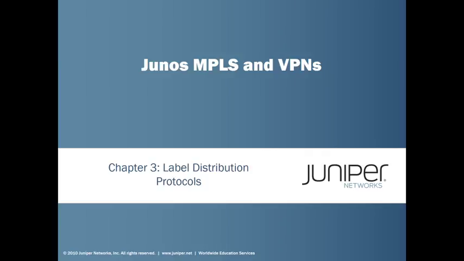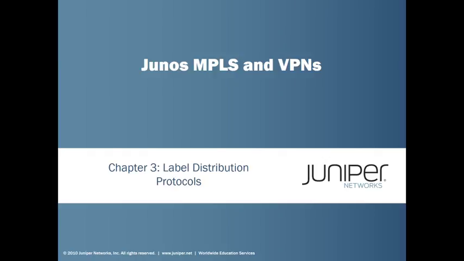We also discovered that we have transit routers that will do a lookup based on the label value and forward traffic based on that value, and they'll also swap the label for a new label and put that new label onto the packet before it is forwarded on to the next router.